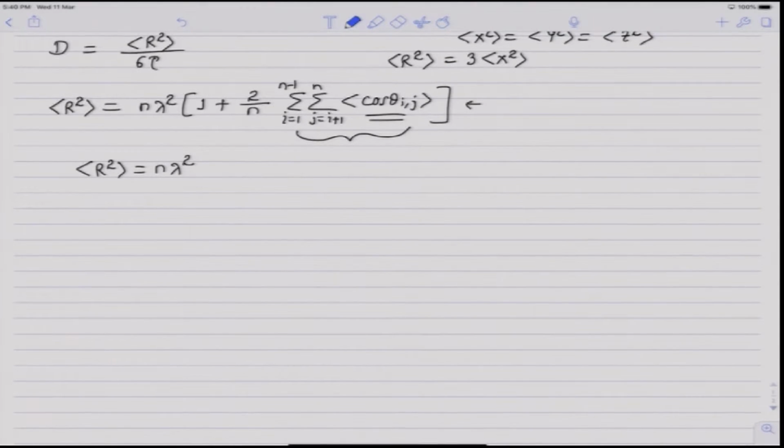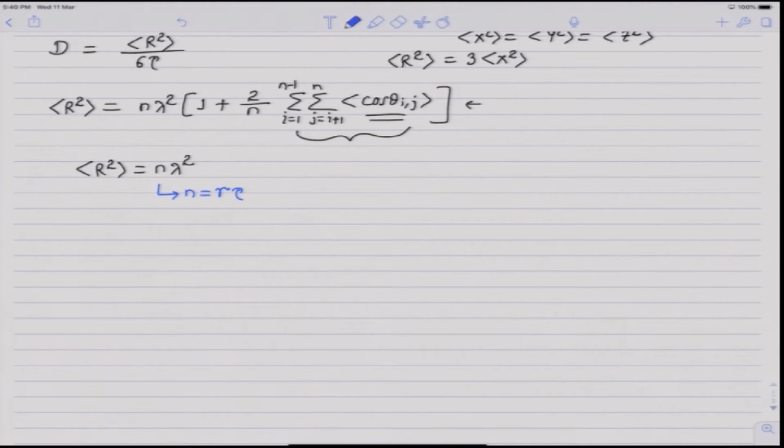Now, if we consider the small time interval tau, and if gamma is the successful jump frequency of atoms, then in time interval tau the total number of jumps n will be gamma times tau.